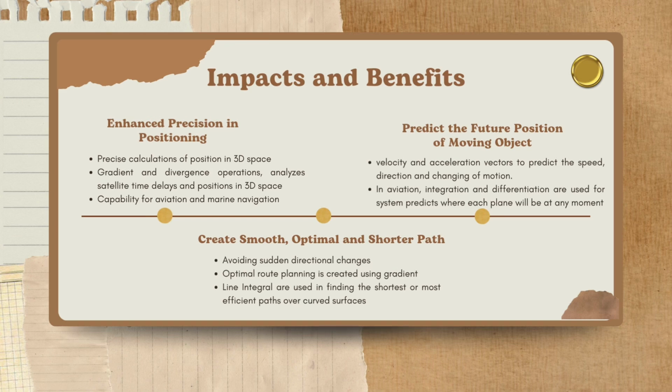Vector calculus helps avoid sudden directional changes, ensuring safety in scenarios like aviation, where smooth curves are preferred. Then, gradient aids in route optimization, and line integral determines the shortest path over curved surfaces, reducing travel distance. Lastly, GPS predicts the future positions of moving objects using velocity and acceleration. For instance, aviation systems calculate aircraft trajectory and use integration and differentiation to maintain safe distance between aircraft.